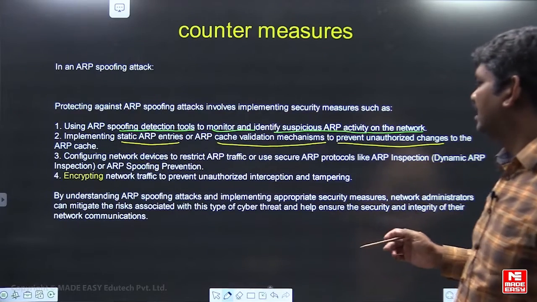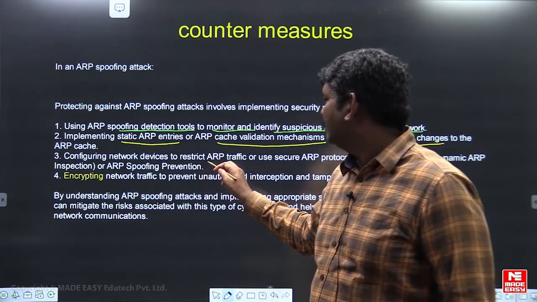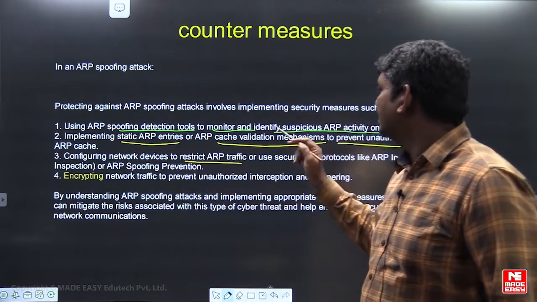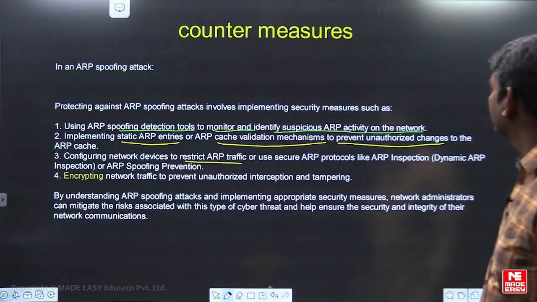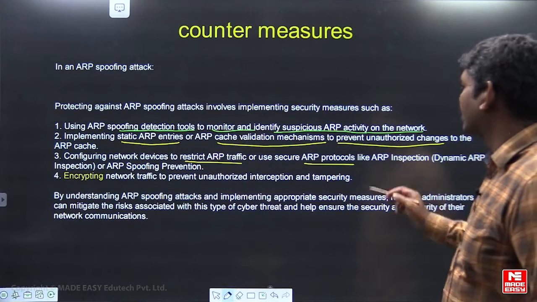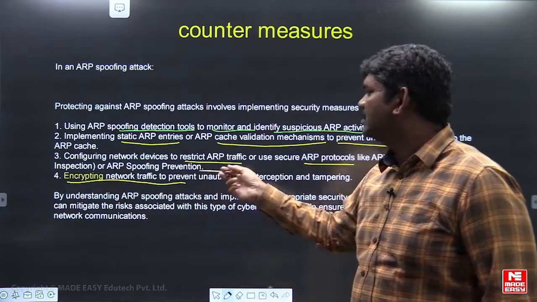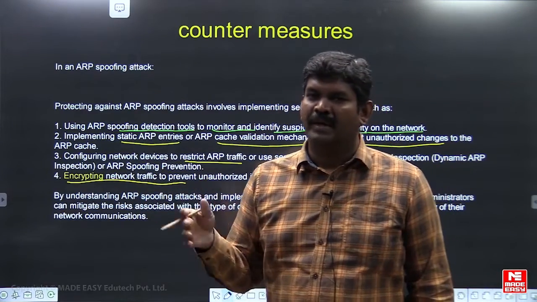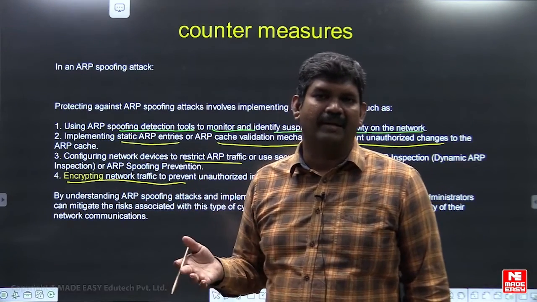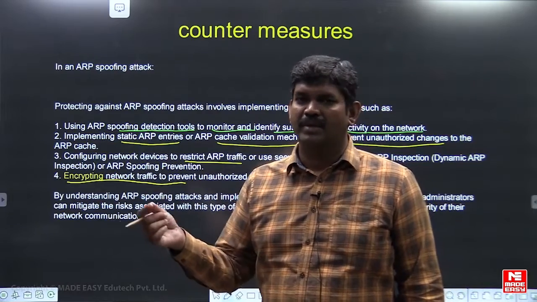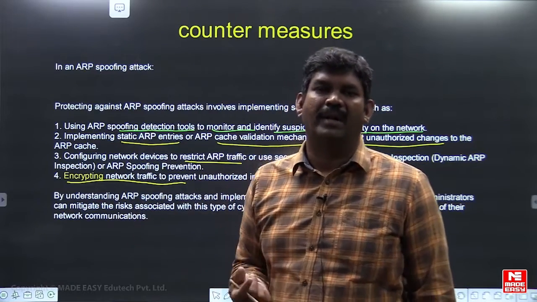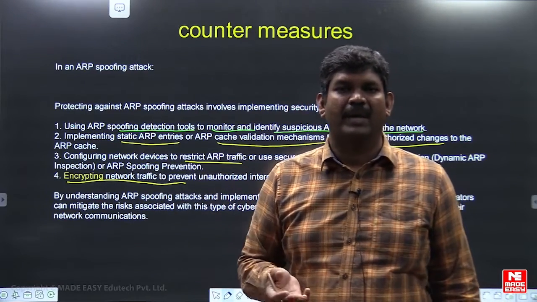The third one is configuring networking devices to restrict ARP traffic or secure the ARP protocol, or you can say encrypting the network traffic. This is what I just explained. If you encrypt the content, the plain text into ciphertext, then whatever content is on the channel will be in a non-understandable form.